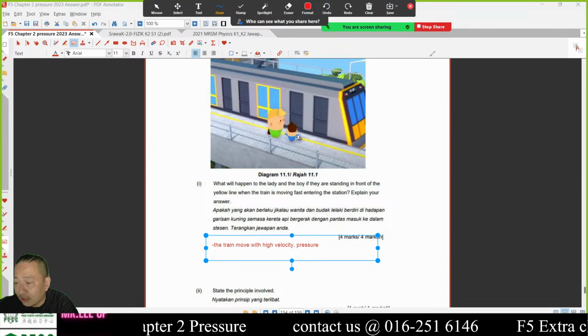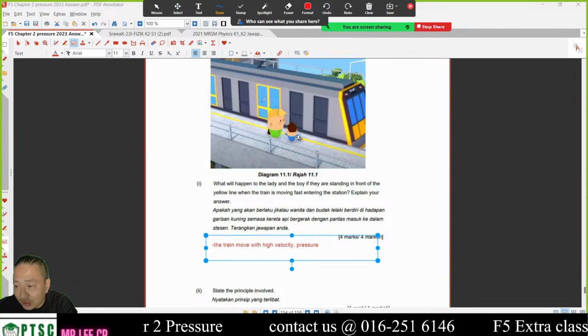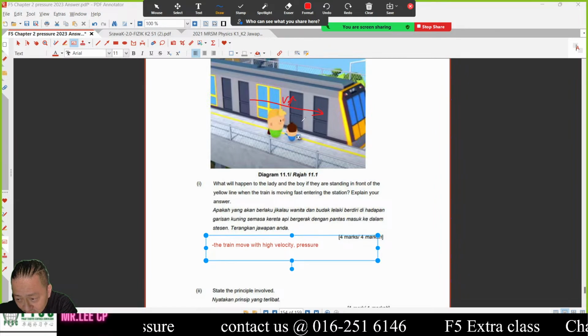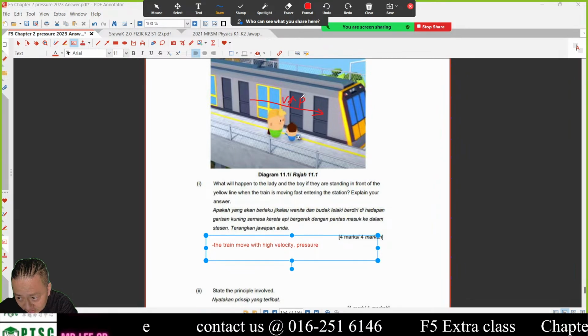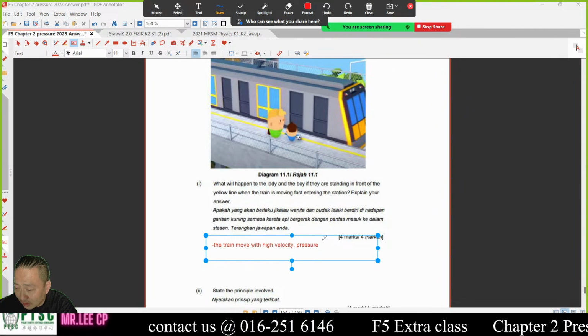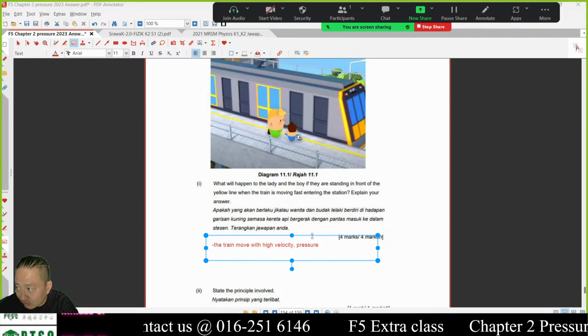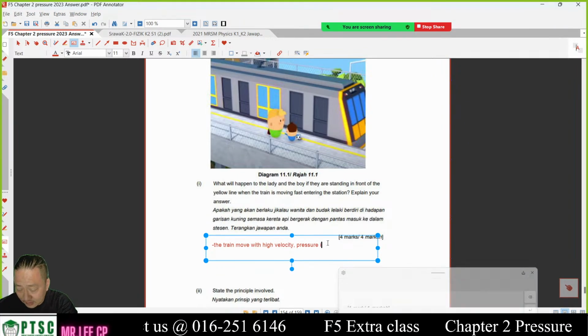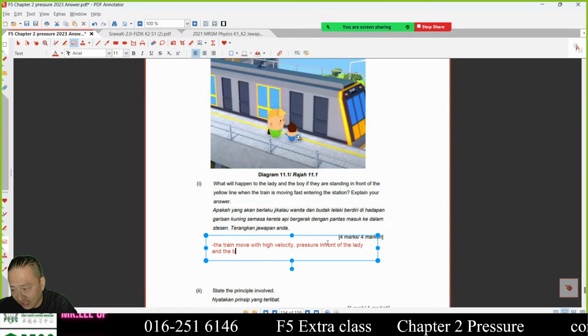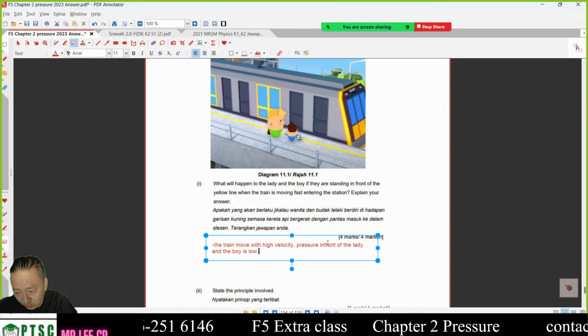Velocity here is high in front of the lady and the boy, velocity high, pressure becomes low. So I want you to answer that the pressure in front of the lady and the boy is low.